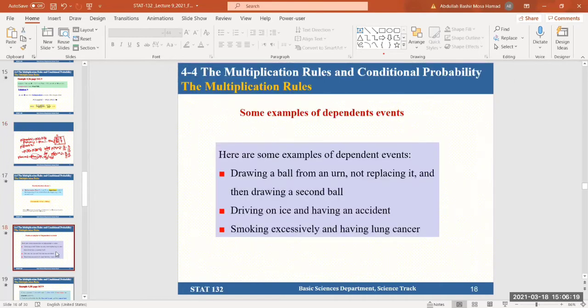Let's see examples of dependent events. Drawing a ball and not replacing it back, as we did in our example. Driving on ice and having an accident. Yes, if you drive on ice, maybe you are going to have an accident. Smoking extensively and having lung cancer. Yes, these two are much related together.